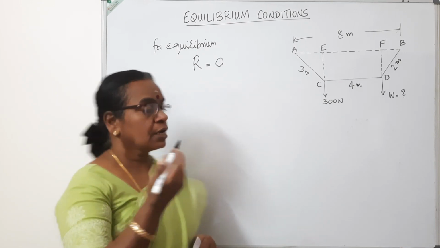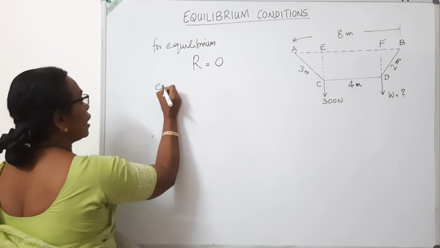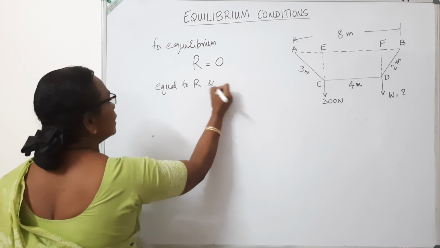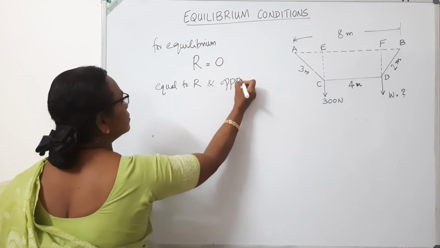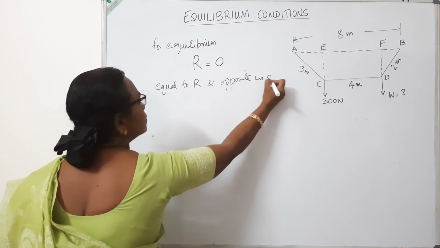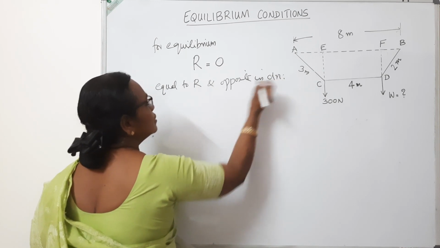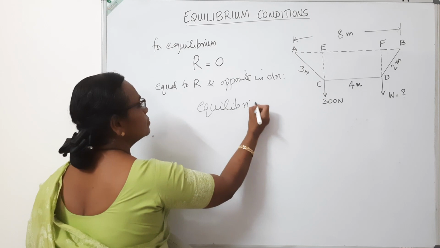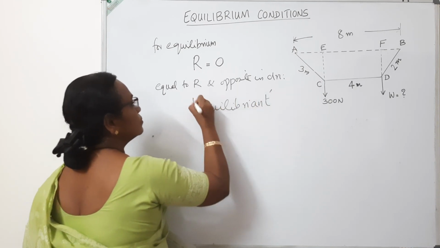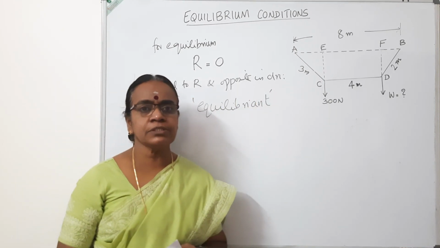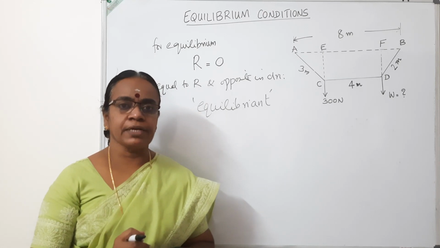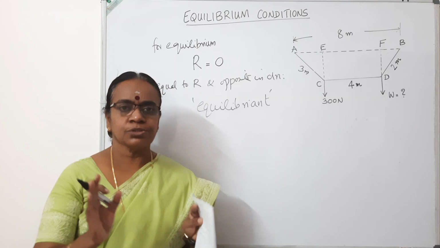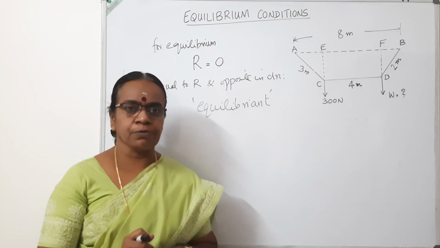That force, equal to R in magnitude and opposite in direction, is called equilibriant. So the two terms which we study now: the equilibriant is a force equal in magnitude and opposite in direction to the resultant, to bring the body to equilibrium position.